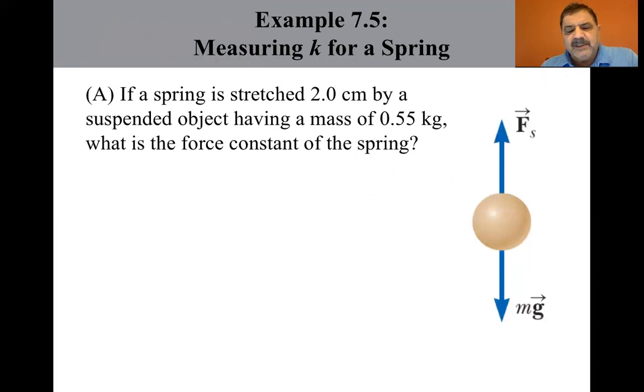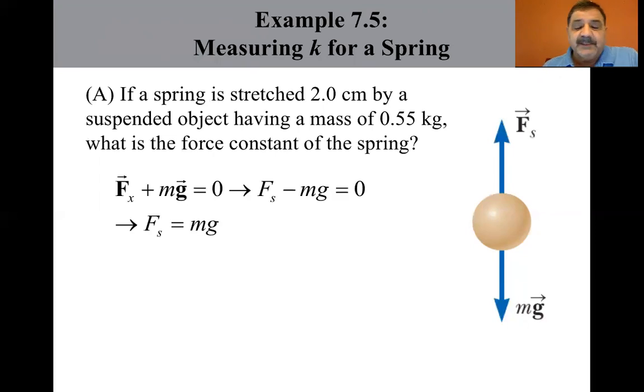If a spring is stretched 2 centimeters, that's 0.02 meters, by a suspended object having a mass of 0.55 kilograms, what is the force constant of the spring? Well, the sum of the forces is zero, so F sub s is equal to mg.